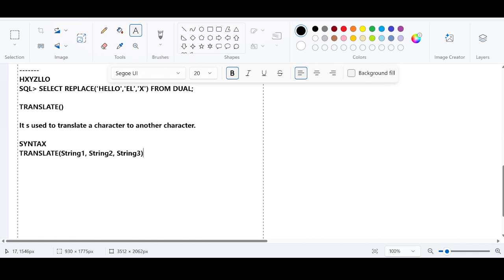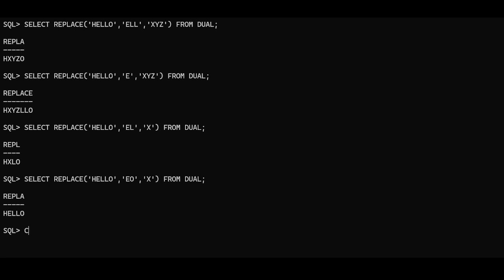Right? Okay. Now let us see the example. Select translate, hello. I'm taking hello as the first argument. The second argument, I am taking ELO, right?